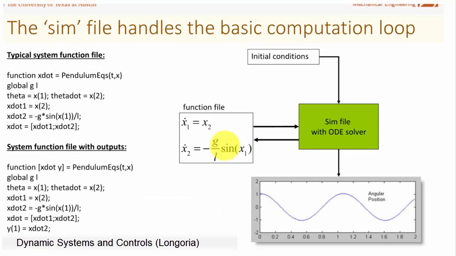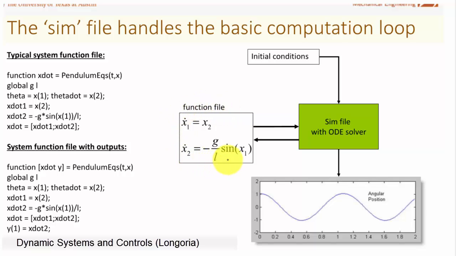So here's a simple illustration. I call this the sim file, but really I'm talking about the system function file here. The sim file is really the file that is handling, bringing in initial conditions, calling the ODE solver, and handling communications with the function file.